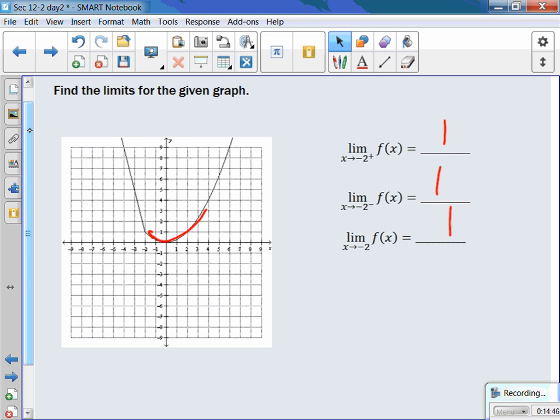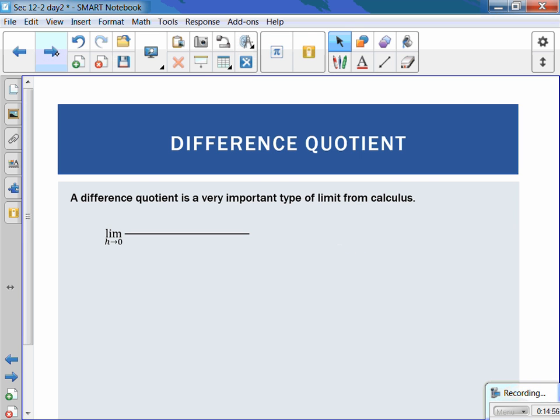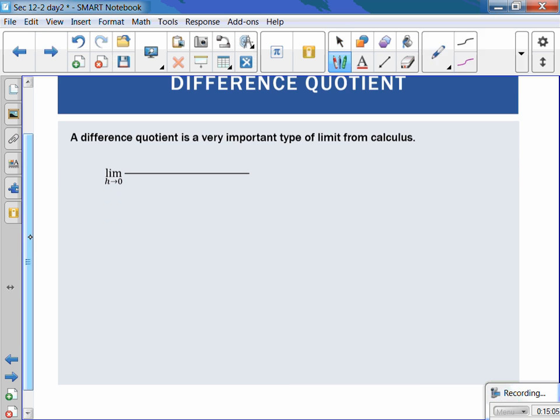A very common limit that we use, in particular in calculus, is called the difference quotient. We get a nice little formula for that one. The limit of f of x plus h minus f of x all over h as h goes to 0.